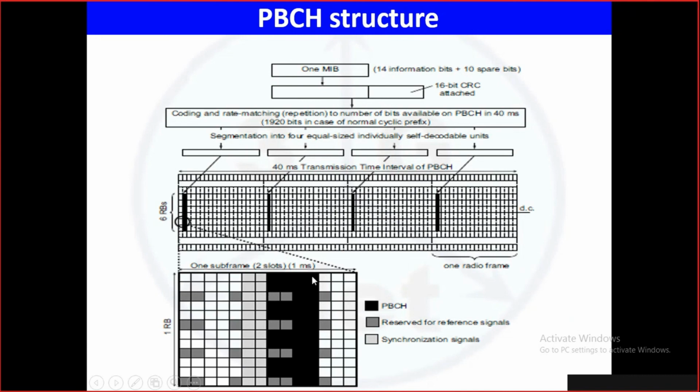This is the picture of 1 RB, but you will require 6 RB. So in 1 RB, you will have 12 times 4, which is 48 symbols. And 6 such RB, 48 times 6.